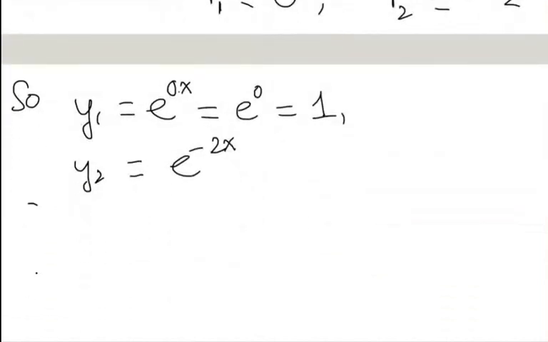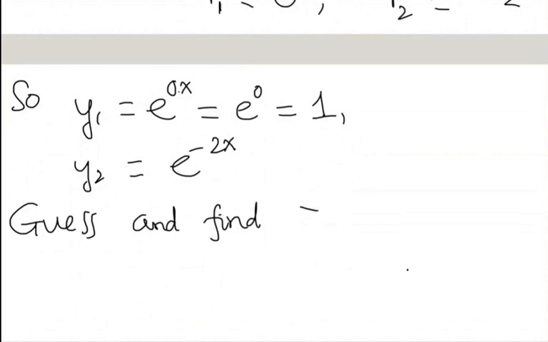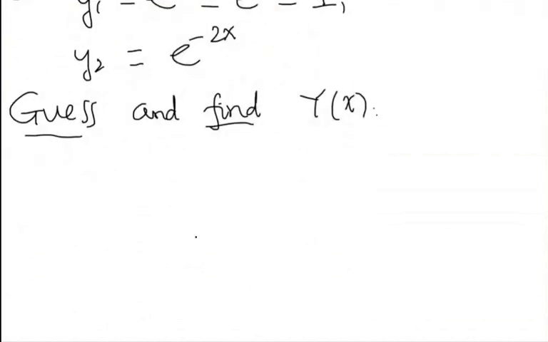Now we need to guess and find capital Y of x. Let me rewrite the equation: y double prime plus 2y prime equal to 2x. And remember, we have a polynomial.